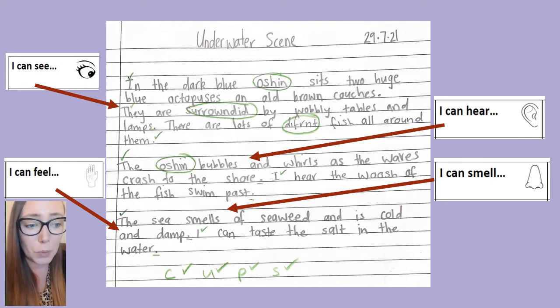The ocean bubbles and whirls as the waves crash to the shore. I hear the whoosh of the fish swim past. It's telling you what you can hear there if you were in that place. The sea smells of seaweed and is cold and damp. I can taste the salt in the water. This person has described what they can smell and what they can feel in that last paragraph. And then they've gone back and they have checked with CUPS.